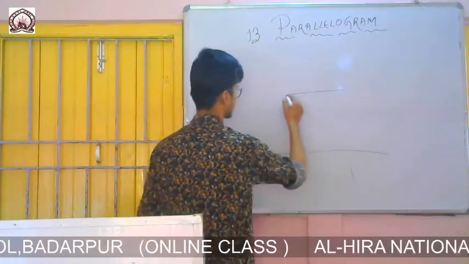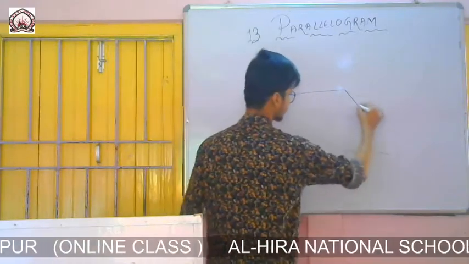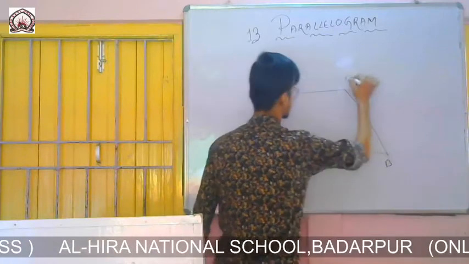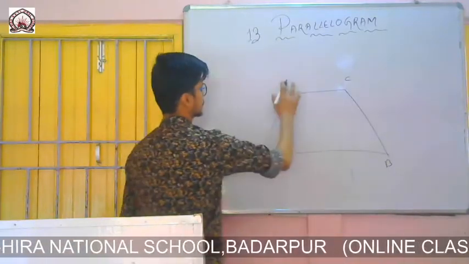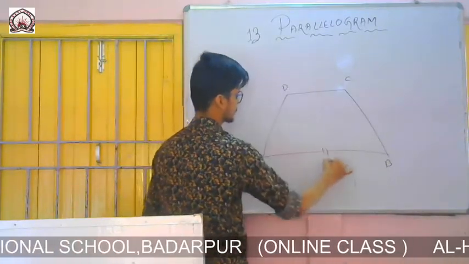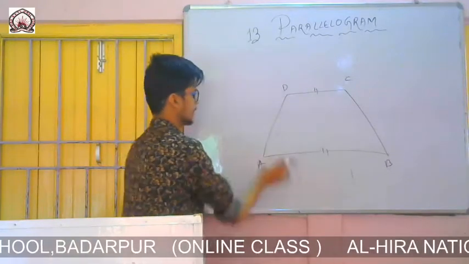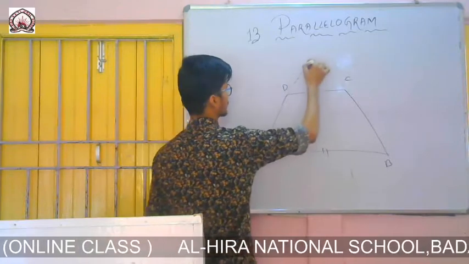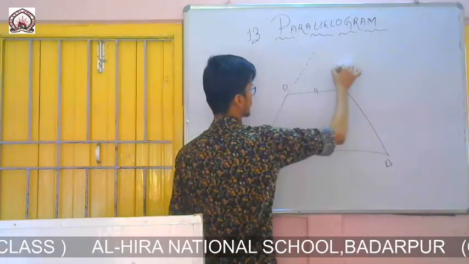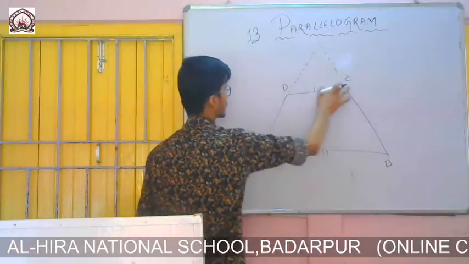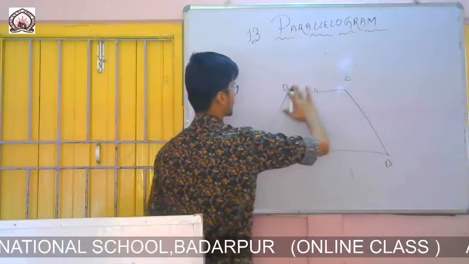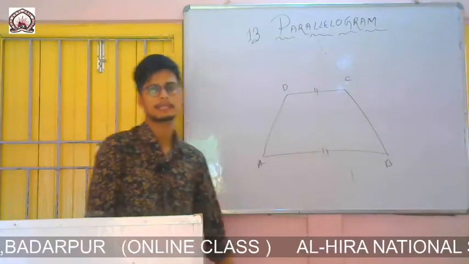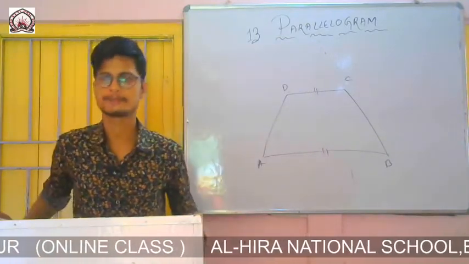This is a trapezium, A, B, C, D. You see this side is parallel to this one, and these two sides are non-parallel. If I continue these two sides, at a point they will meet. That means they are not parallel. You will find only one pair of parallel sides. So it is a trapezium.